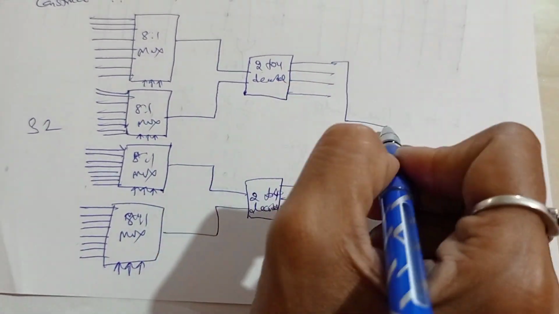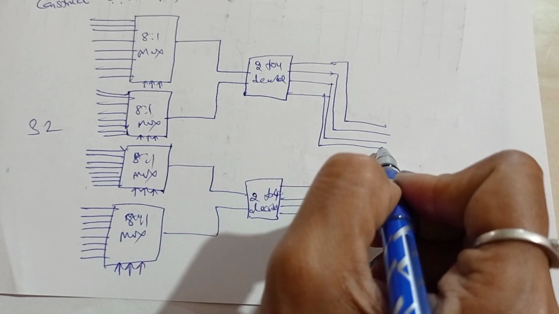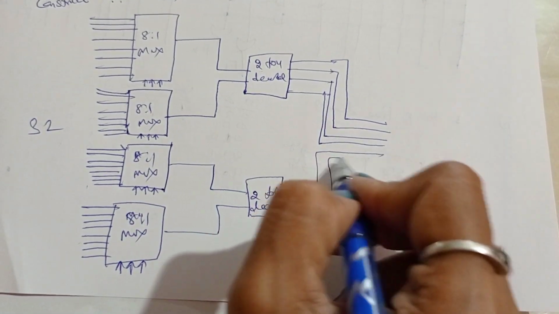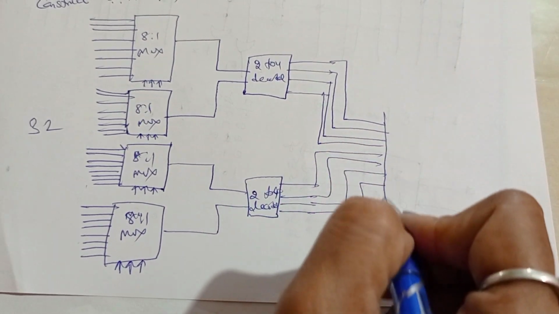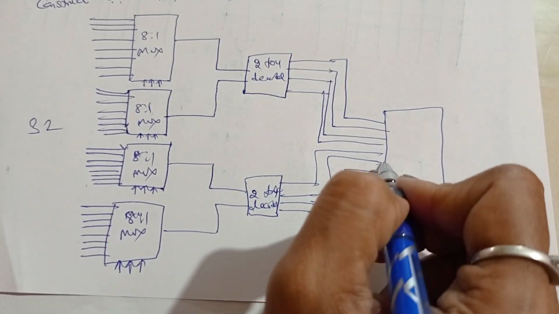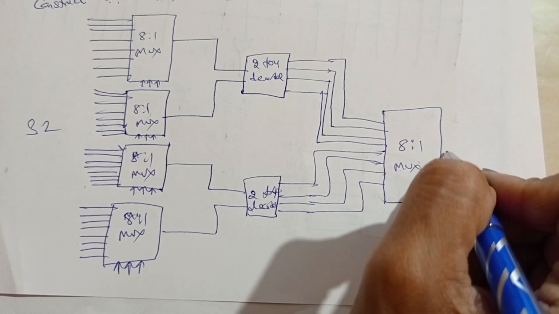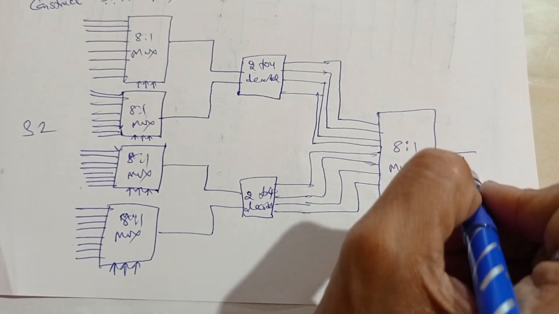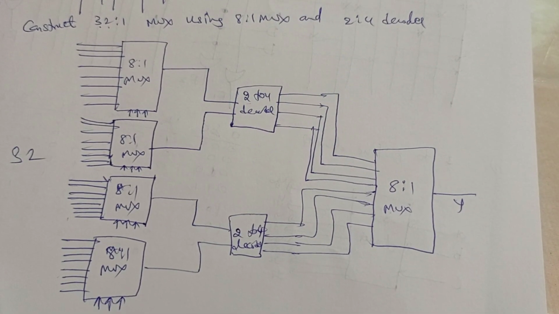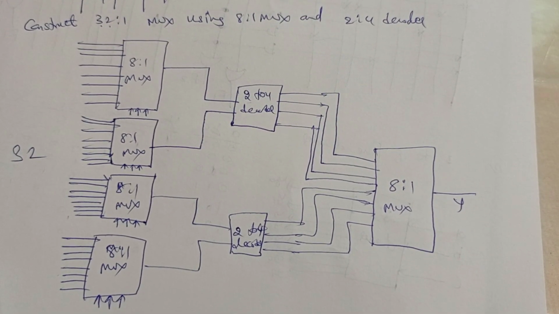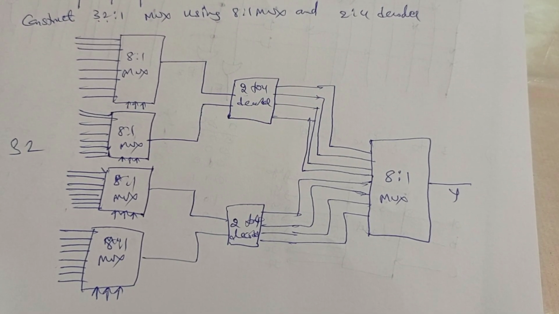Now connect all these 8 again. Now again 8 inputs, so one 8:1 mux, output y. This is how to design the 32:1 mux using 8:1 mux and 2:4 decoder.